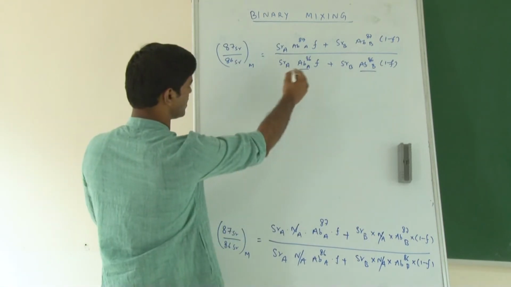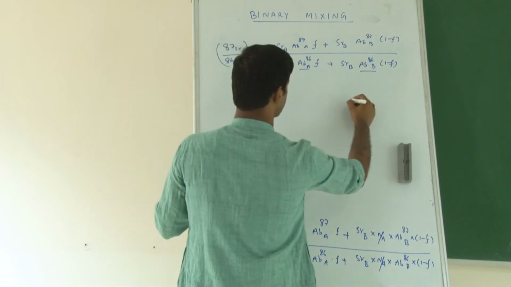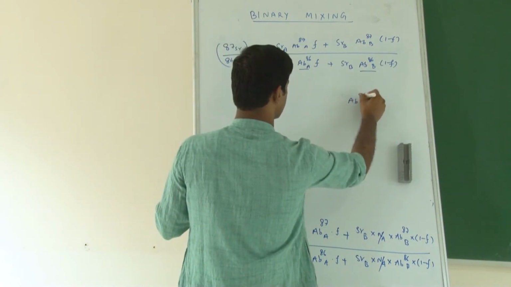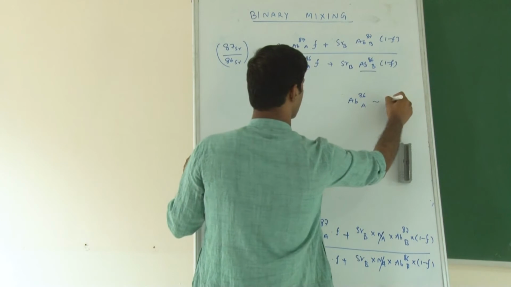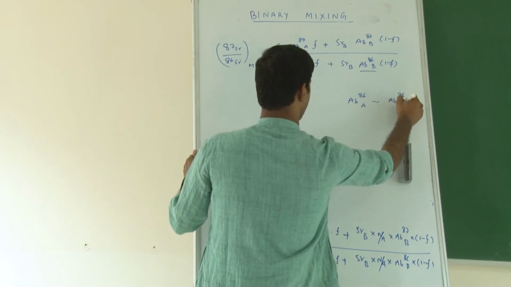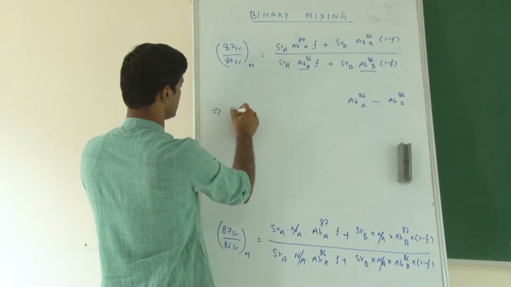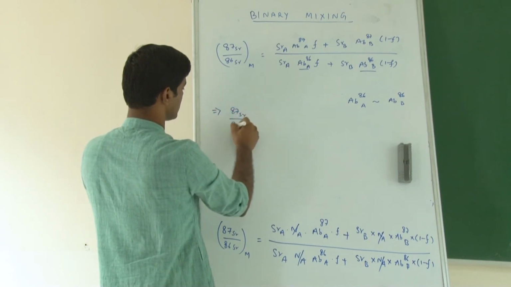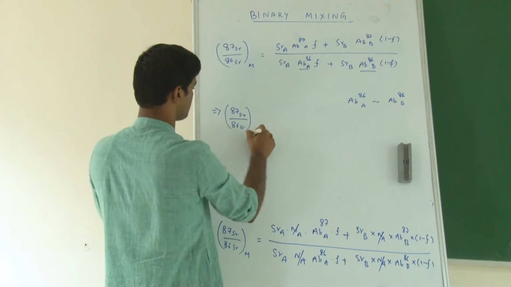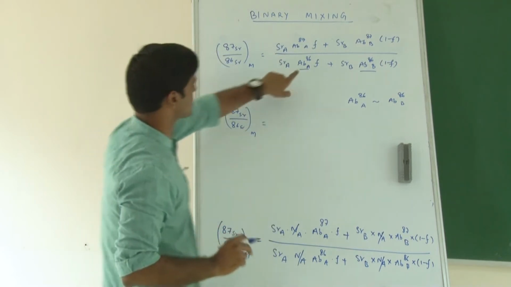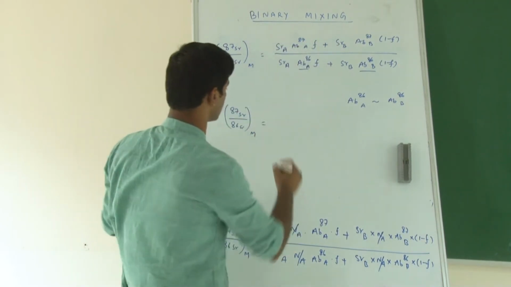So, if you consider abundance of 86 in A is equal to abundance of 86 in B, then this equation, 87 strontium by 86 strontium for M, I will just divide by abundance of 86 in all the terms.